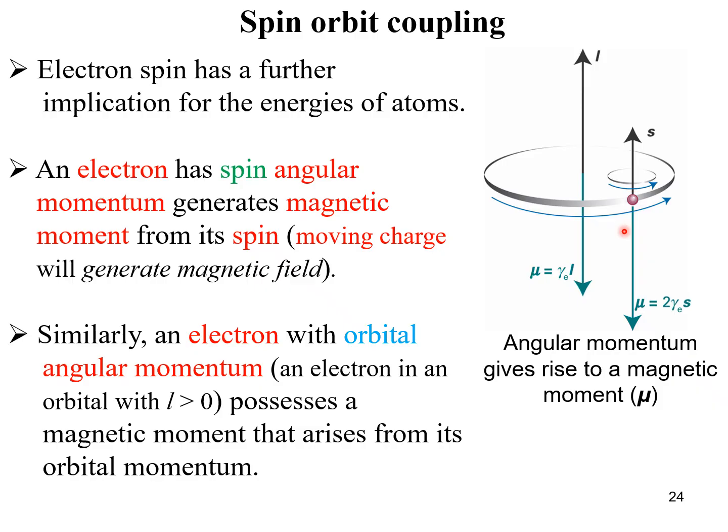The electron has a charge of -1. When a charge is spinning, a magnetic field will be generated. Similarly, when the electron is orbiting the nucleus, it will also generate a magnetic field.